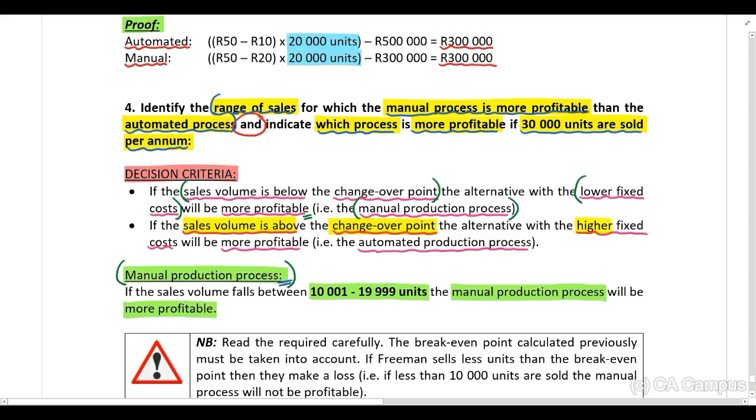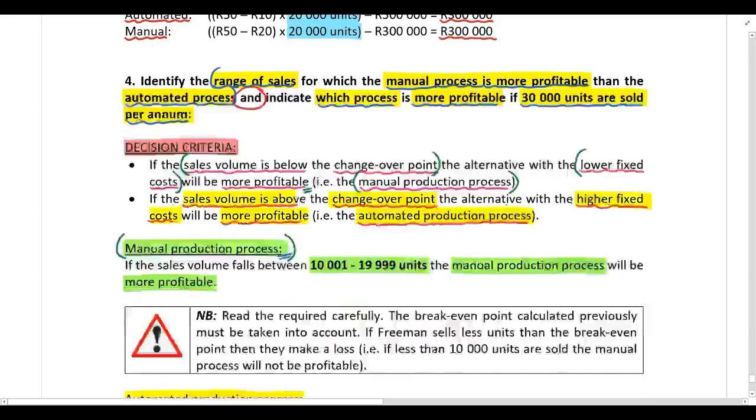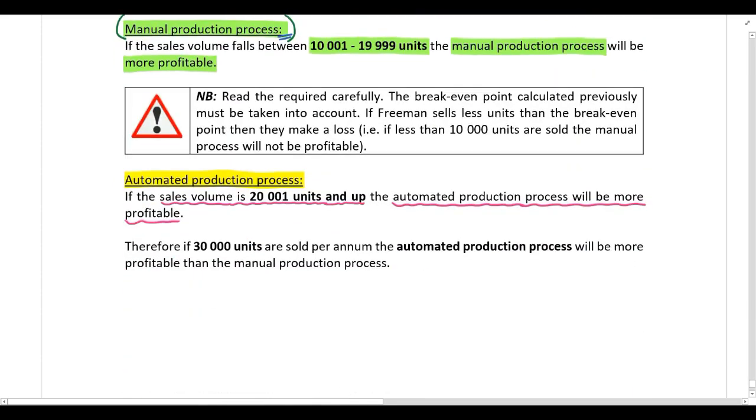So the alternative with the higher fixed costs, or in other words, the automated production process, will therefore be more profitable. So if 30,000 units are sold per annum, the automated production process will be more profitable than the manual production process.